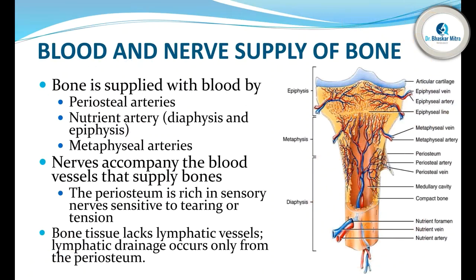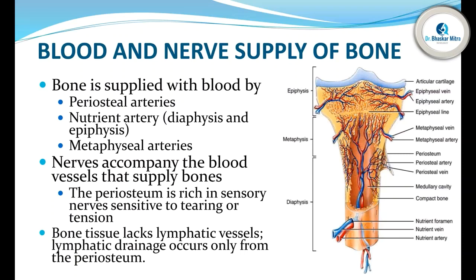Now, another important part of the bone is its blood supply. When we grossly see a bone, we can see multiple foramens on its surface. These are nothing but the nutrient foramen through which the nutrient artery and vein go inside, and traverse through the medullary cavity and supply the bone from the inner side.